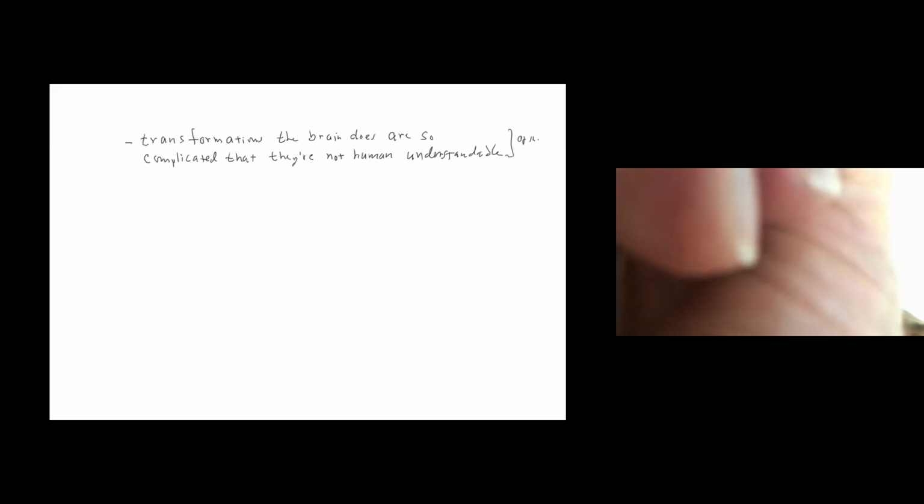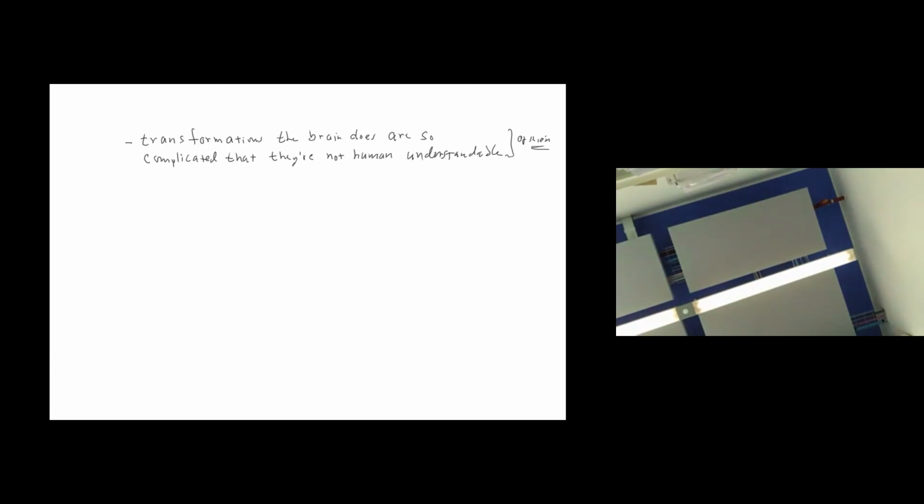Okay, so this, of course, is opinion. But let's pretend like it's true. So what does that mean? Simple tasks, meaning simple enough that we can understand them, tell us very little about how the brain works.